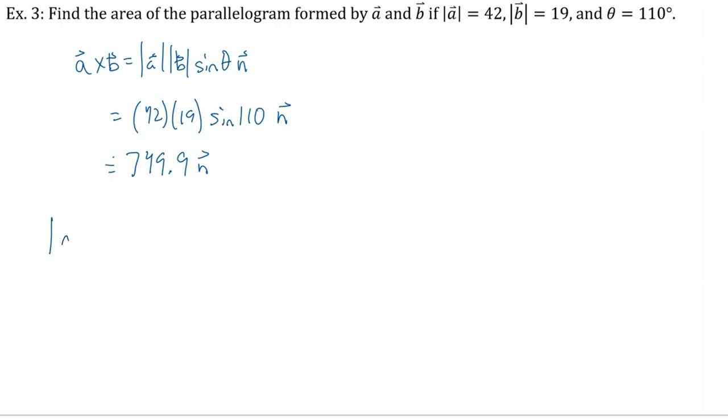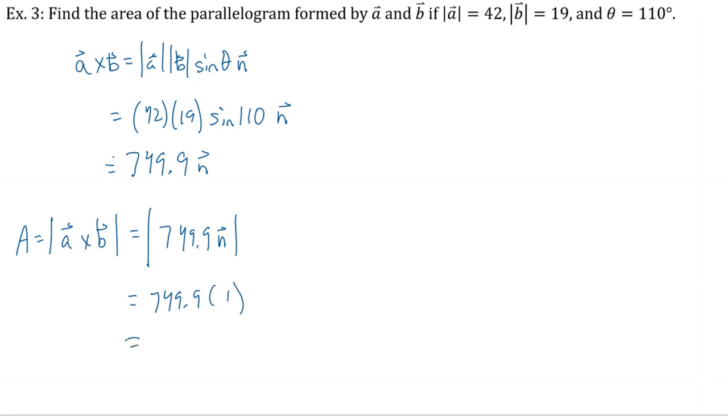And then if I want to find the magnitude of that, I'm just going to say area equals the magnitude of 749.9 times vector n, which is 749.9 times 1, right? Because that just has a magnitude of 1.